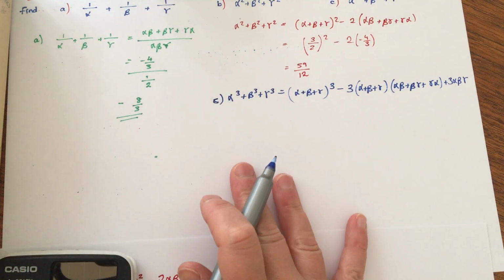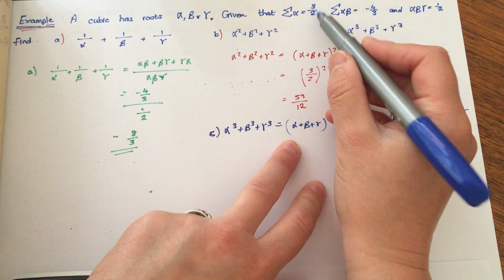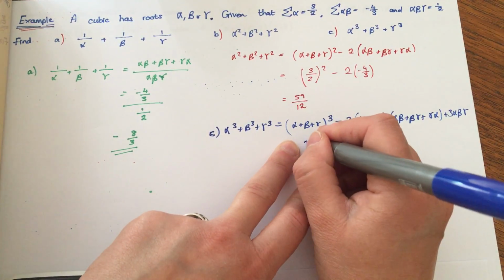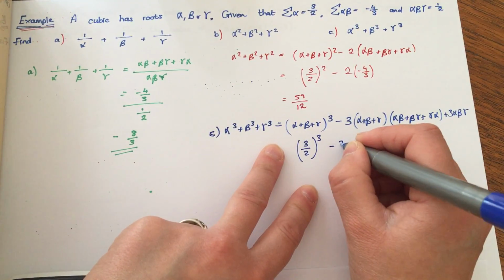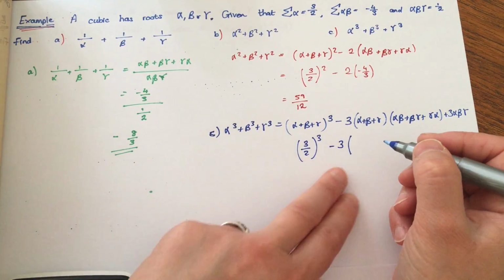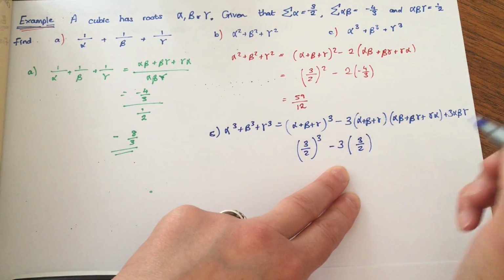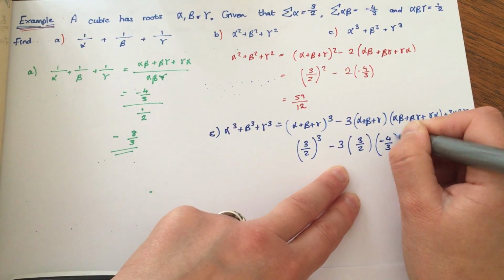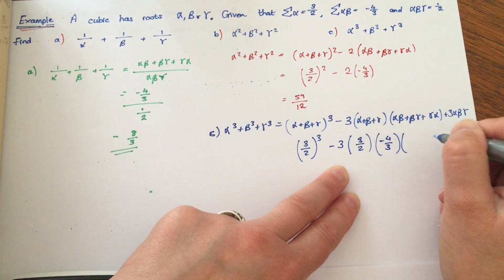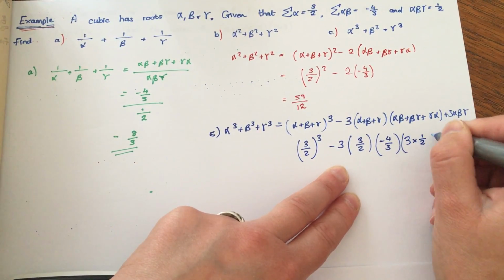So what have we got here? If I bring it back down so you can see it. We've got 3 over 2 cubed minus 3 lots of 3 over 2 times by the products minus 4/3 times by 3 lots of this one here, so 3 lots of a half.